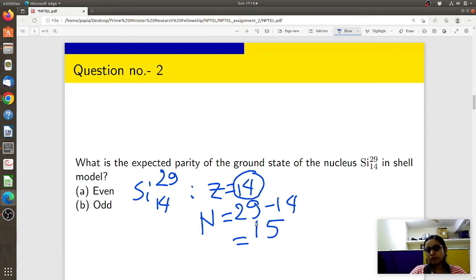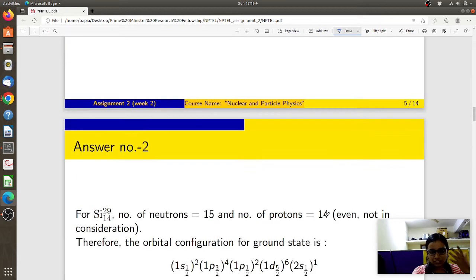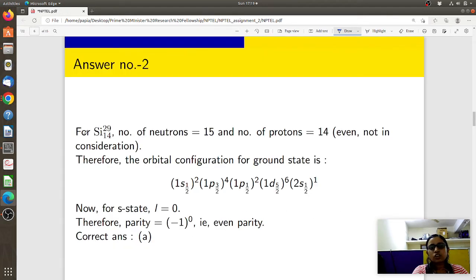The main responsible one here for the nucleus properties will be neutron 15. So the 15th nucleon will give the nucleus property. So for silicon, the number of neutrons is 15 and the number of protons is 14.